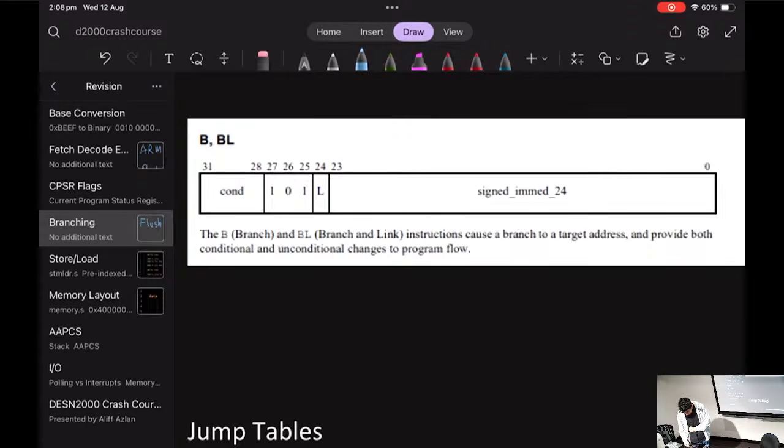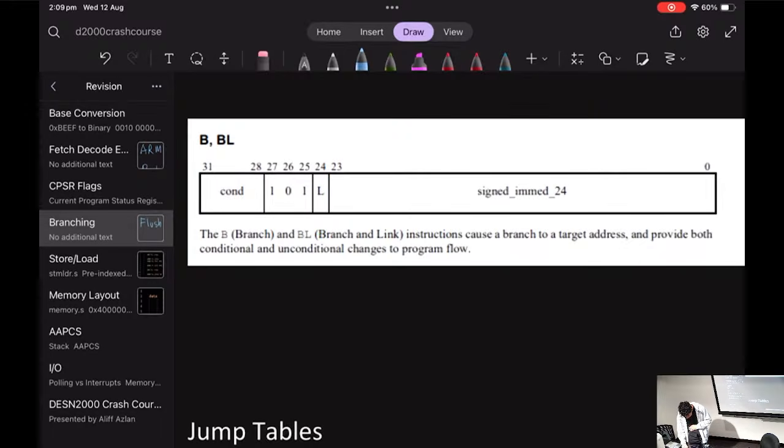With the branch statement, this is the opcode for branch, which is 101, and then we have the L bit, which basically means you want to link. So if you remember your B, your branch, and then your BL, which is your branch and link. This bit here determines whether or not we want to enable the link. And then we also have our conditional statements at the start, like your GT, your BE or whatever.